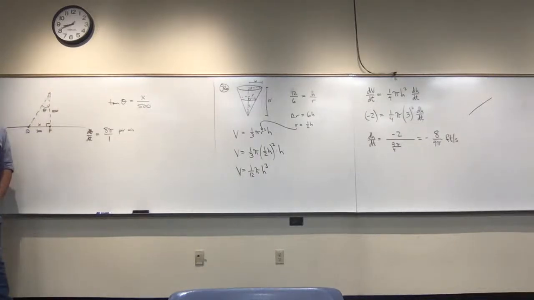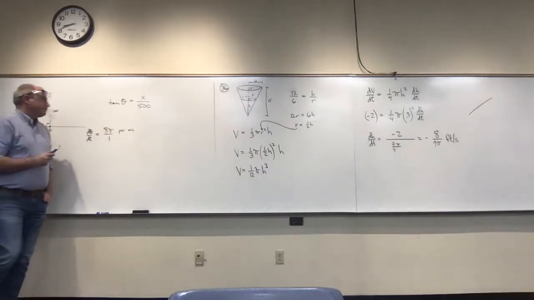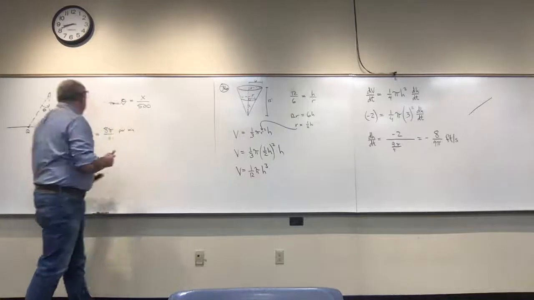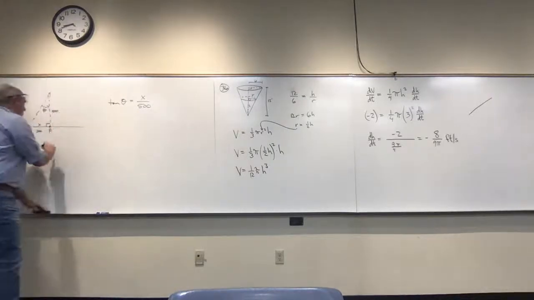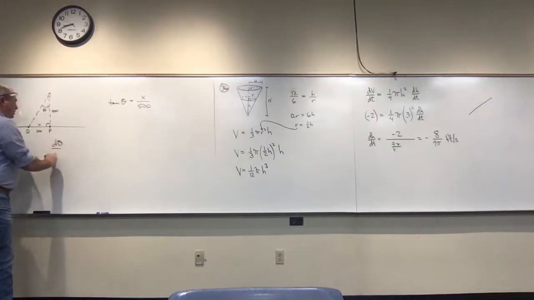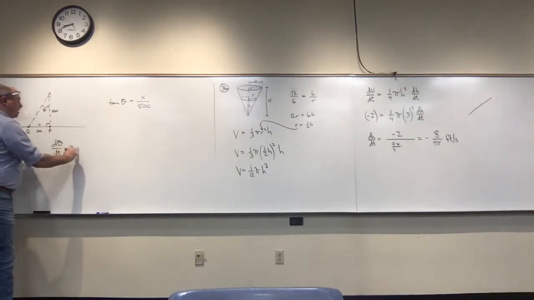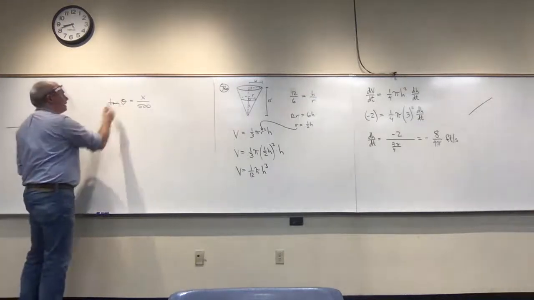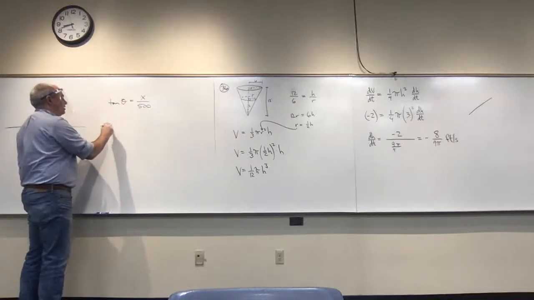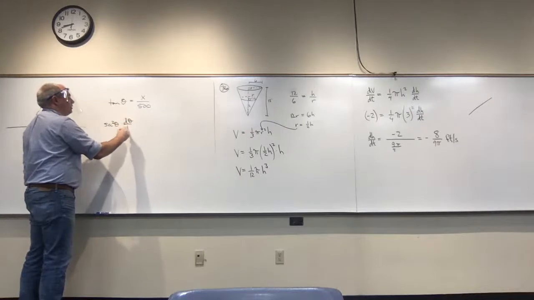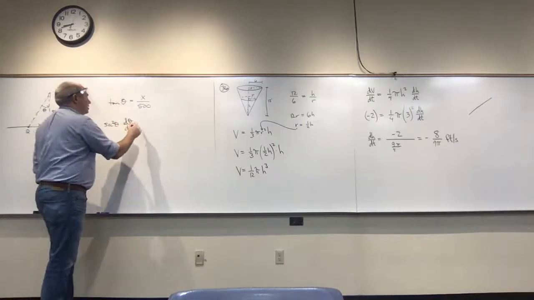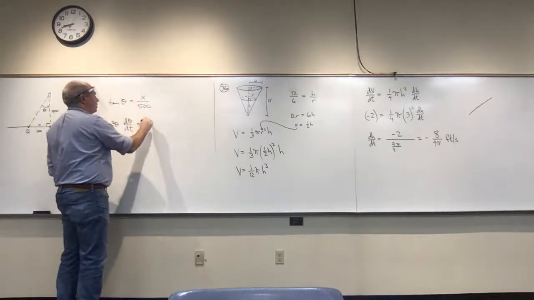Can you also take the derivative of tangent theta? Yes. So let's remember that d theta/dt is 8 pi. The derivative of tangent of theta is secant squared theta times the derivative of theta. On the other side, the 1 over 500 is just a constant.